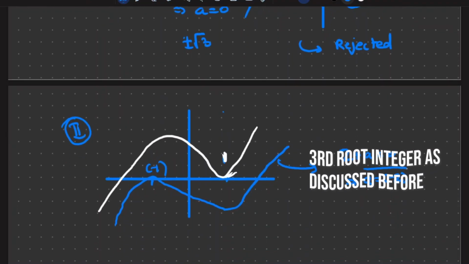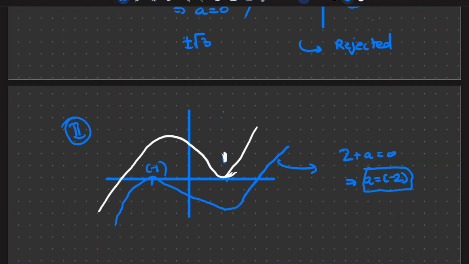And if we take the graph drawn in white, then 1 is a root of this equation, so we'll have a minus 2 is equal to 0, so a is equal to 2 as a solution. So I get these two solutions from here.